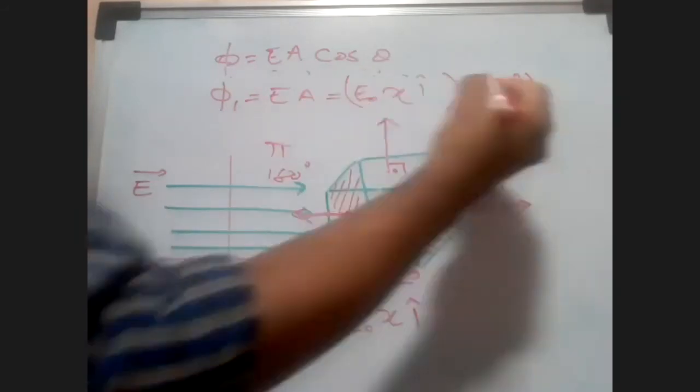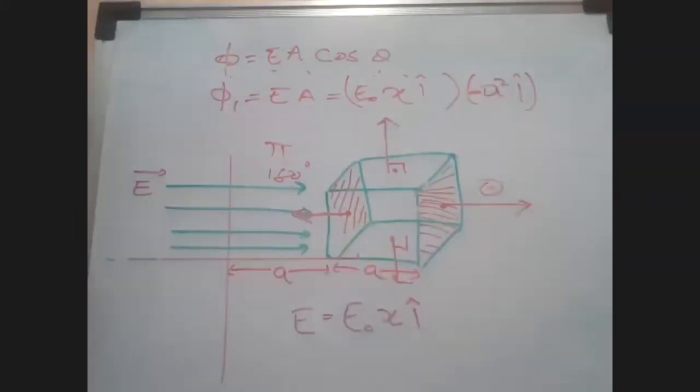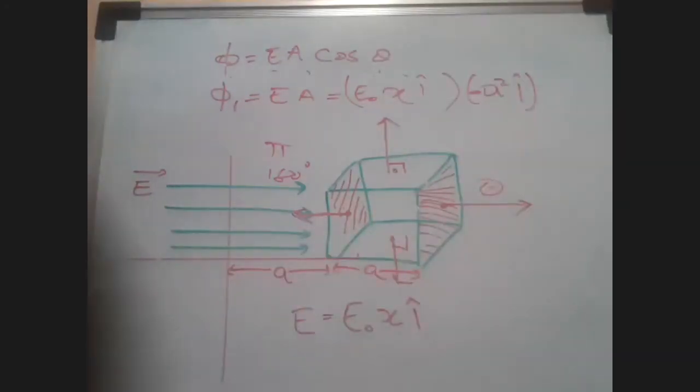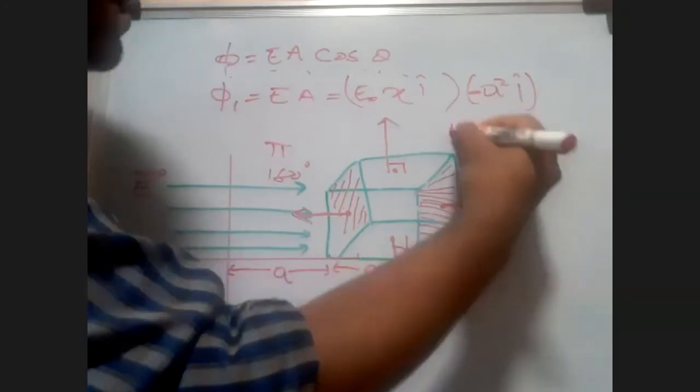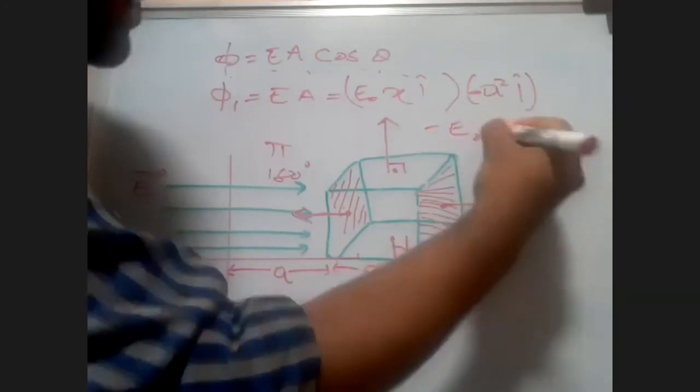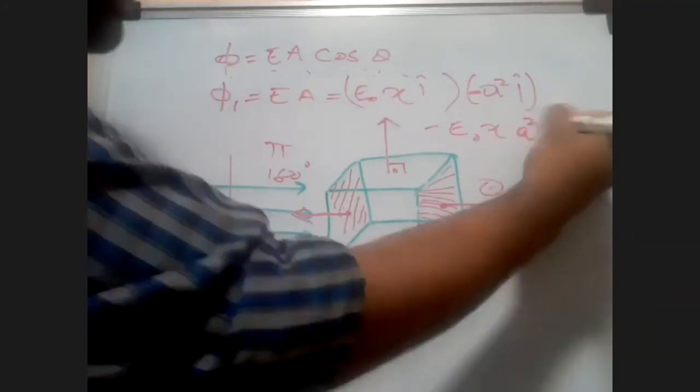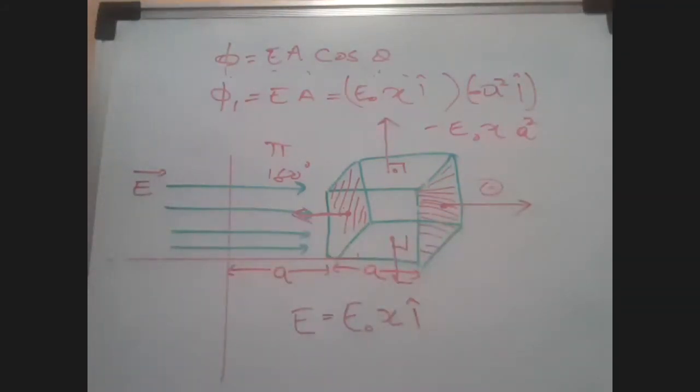What is the entire thing going to be? I cap dot I cap, the dot product of I cap, is 1. So what are you going to get? E naught, minus E naught x A square. Am I right? Minus E naught x A square. Yes, sir. Minus E naught x A square.